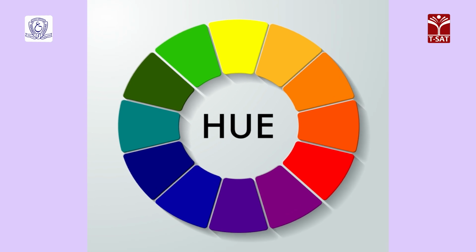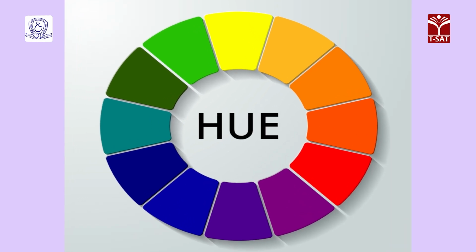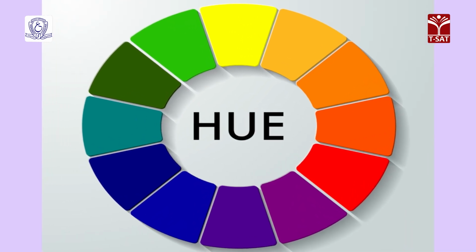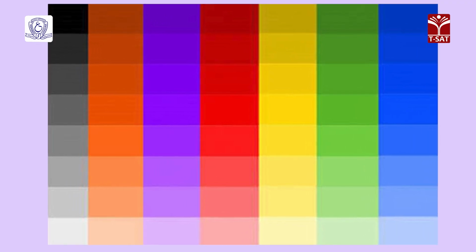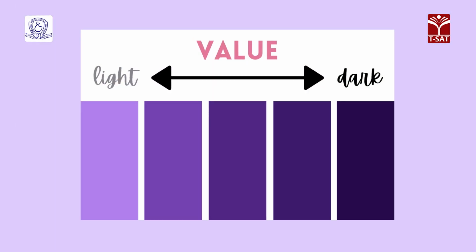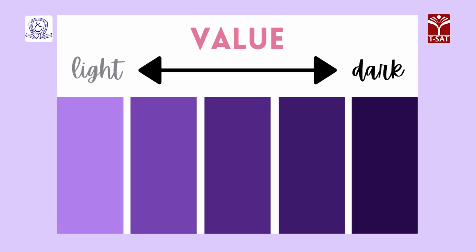Hue is a quality that distinguishes one color from another, such as red from blue. Value is the lightness or darkness of the color, with black at the lower end and white at the higher end. We generally perceive darker symbols on the map as being more important or higher in magnitude. Also called saturation or intensity, chroma refers to the richness or brilliance of the color.